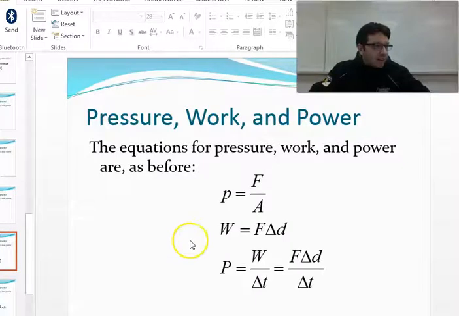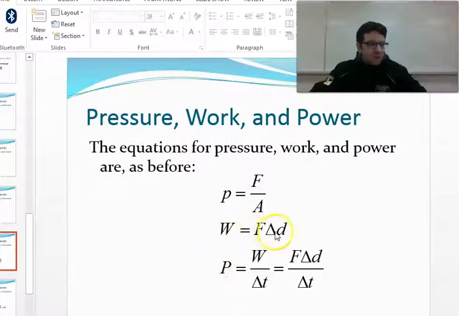All right, now a couple of things I want to recall from our memory are the terms pressure, work, and power. So pressure, if you remember, is force over area. Work is force times distance. And power is work over time. Now we can play with these equations a bit.